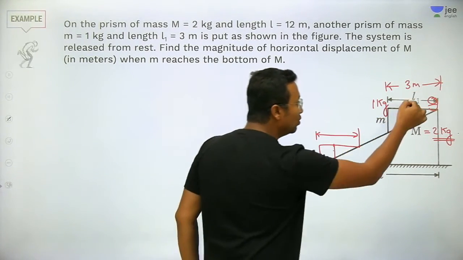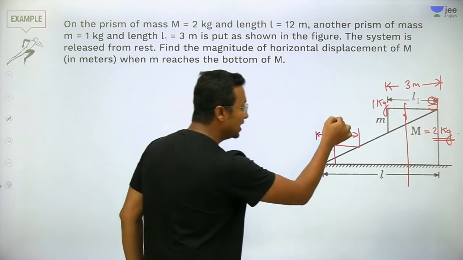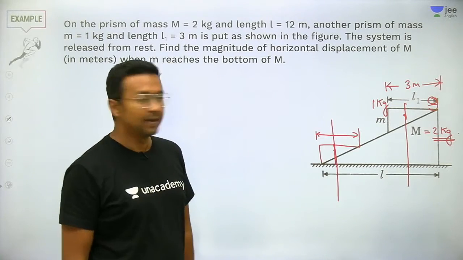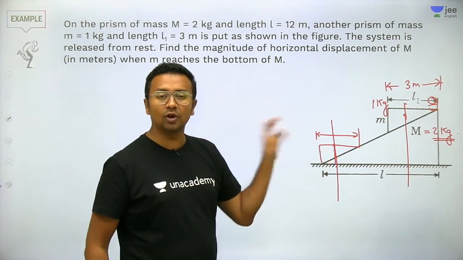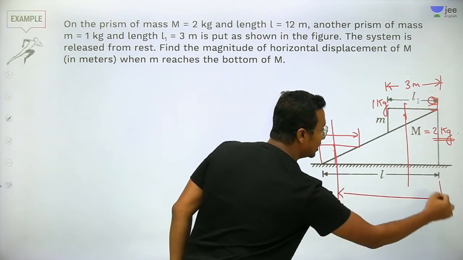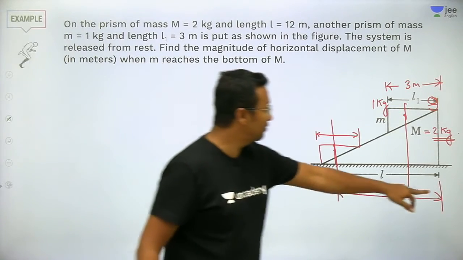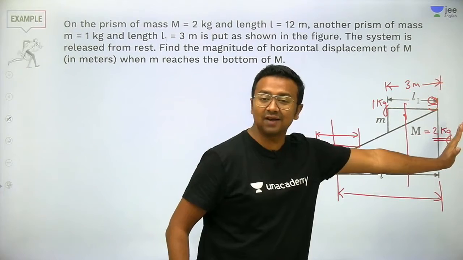It will be equal to, see, the only thing which is required here is the visualization. It must have moved somewhere out here. This distance is 1.5, this distance is 1.5, so overall 3 gone. 12 is the total length from here to here. This side 3, this side 1.5, this side 1.5.